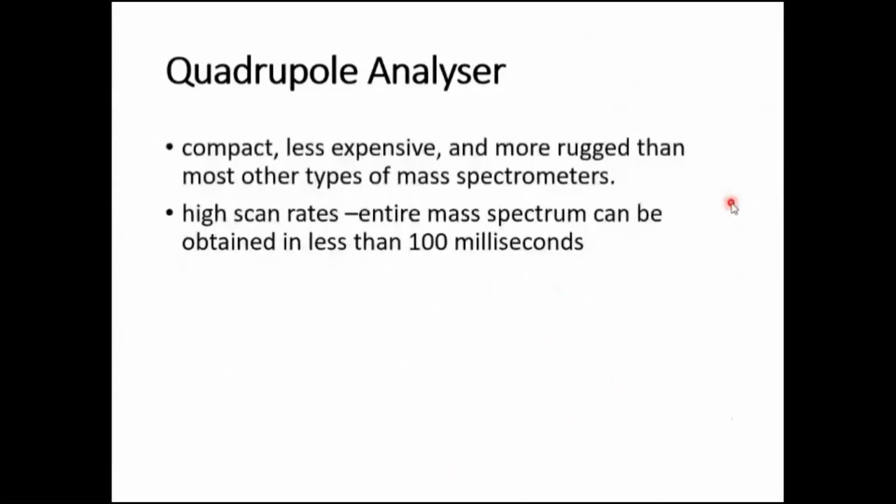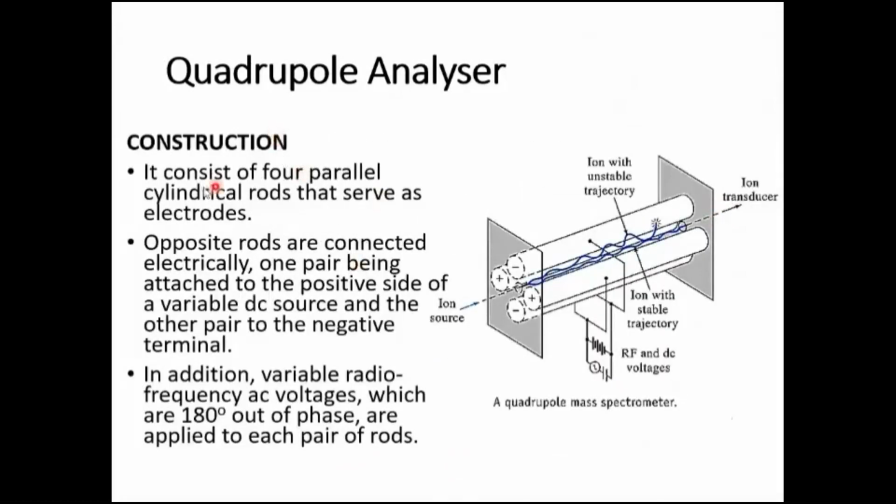Okay, let's see what is written over here. It consists of 4 parallel cylindrical rods that serve as electrodes. Opposite rods are connected electrically, one pair being attached to the positive side of a variable DC source and the other pair to the negative terminal. In addition, variable radio frequency AC voltages, which are 180 degrees out of phase, are applied to each pair of rods.